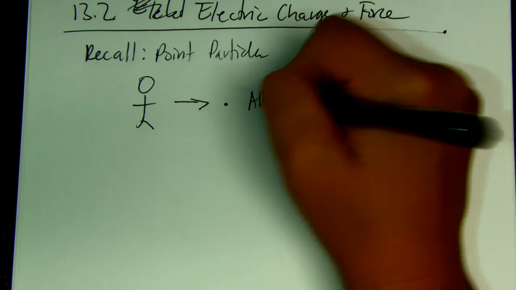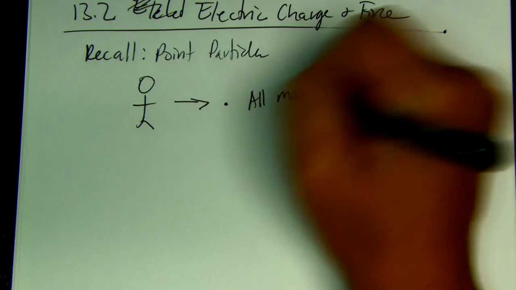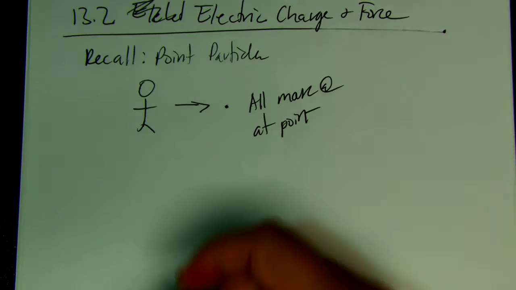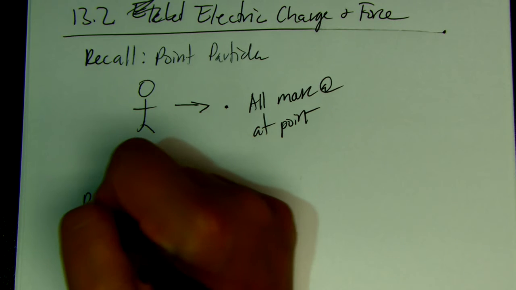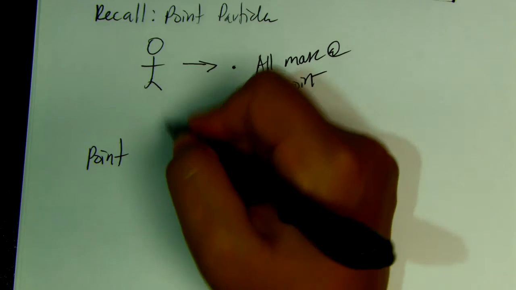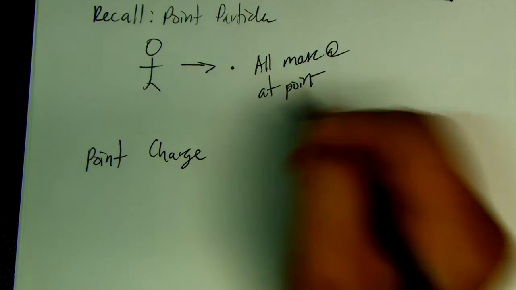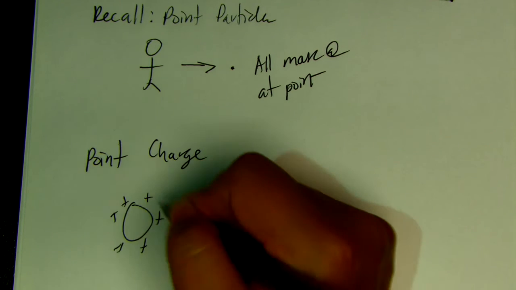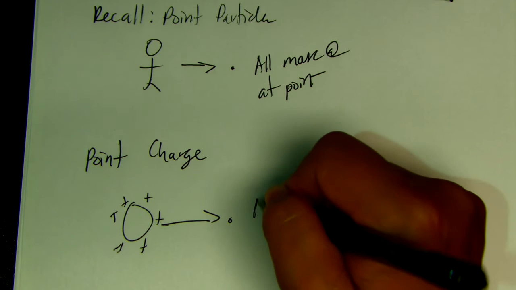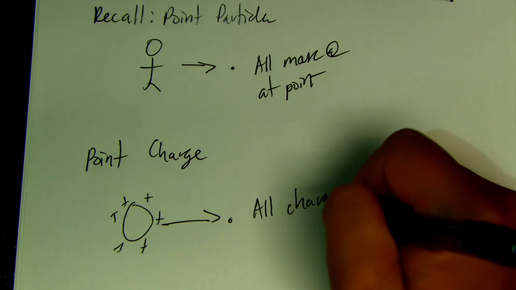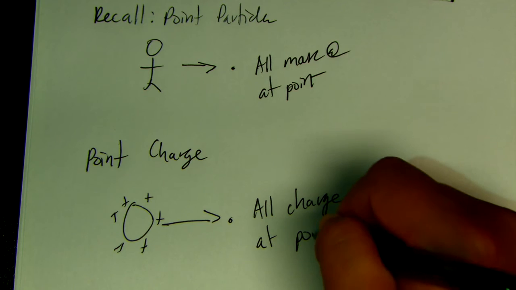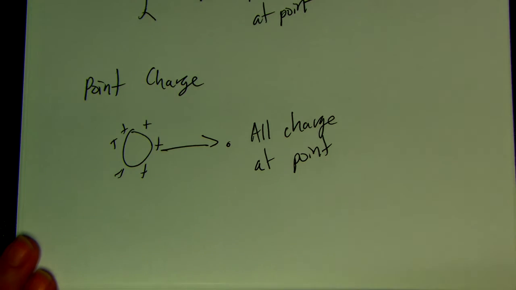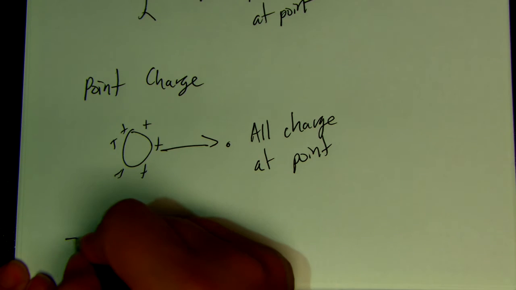So all mass at a point. But I need to introduce something called a point charge. So this is similar to a point particle, but now, instead of all mass, you would have all charge at a point. Now for some things like electrons and protons, the point charge is basically the system.